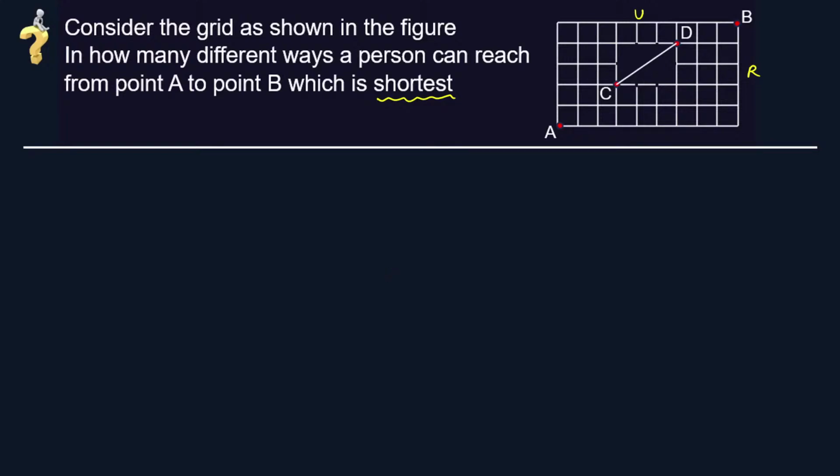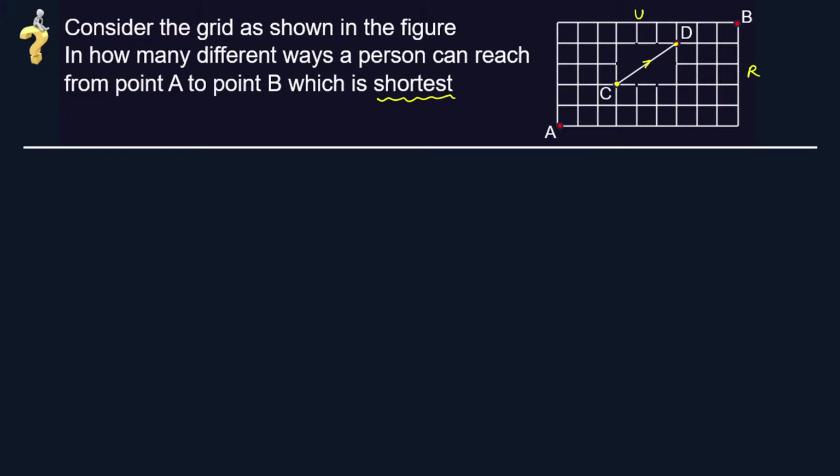Now, one thing is very sure to us, that I have to reach point C. Why? Because from point C to point D, there is only one path. If you want to go in some other way, you have to travel more than one path to reach point D. Even if you don't cross point C, that will not be the shortest one, because at any point of time, you have to cross more than one path.